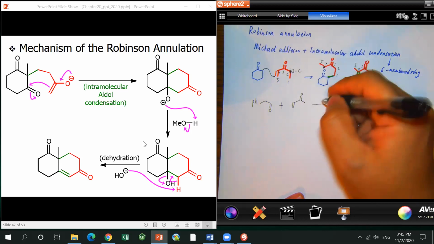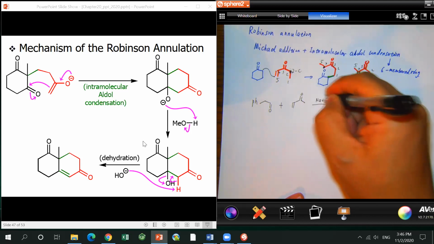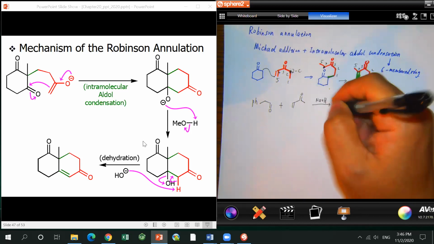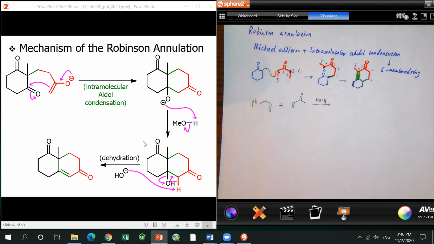So for this reaction, normally you use sodium hydroxide as the base, okay, because sodium hydroxide is pretty good for the aldol condensation, okay. Take a try for this Robinson annulation reaction.